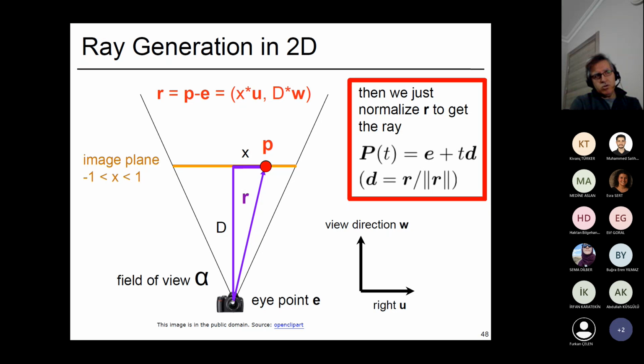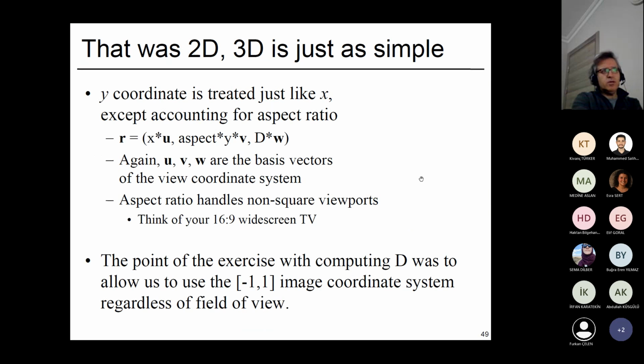E is usually 0, 0, but anyway, and D is this direction, which is simply this ray R, and this ray direction is normalized. Very simple.